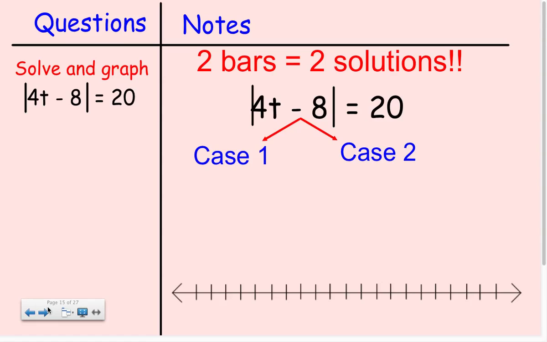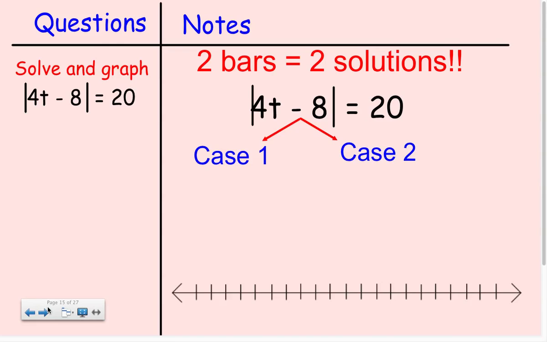Now you'll notice on the right here where I have my equation, I have an arrow branching off that says case 1 and case 2. This is how we're always going to make sure we get both of our answers. Now on those last 2, we could easily do them in our heads. But now when you've got an equation like this, it gets a little more complicated. We're going to set up 2 equations that will give us both of the solutions.